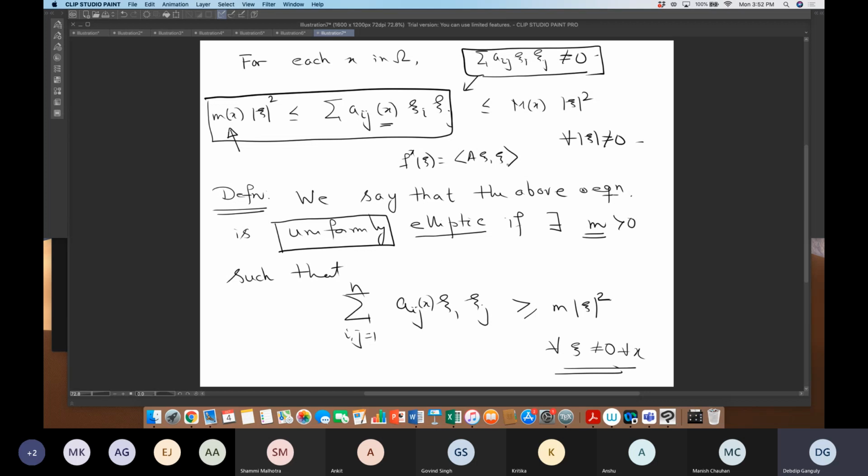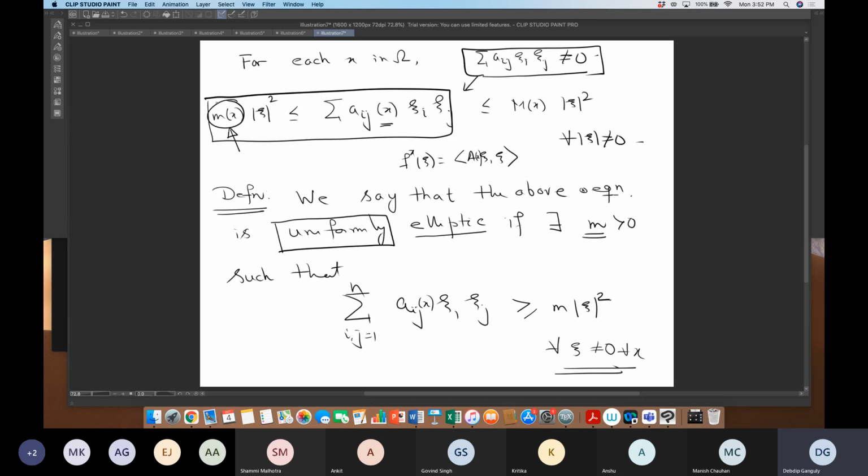So for each x we will have a condition m(x), and again using scaling, eta by |xi|, we obtain a_ij(x) xi_i xi_j is less than M(x)|xi|^2, capital M. Now, but it depends on x.